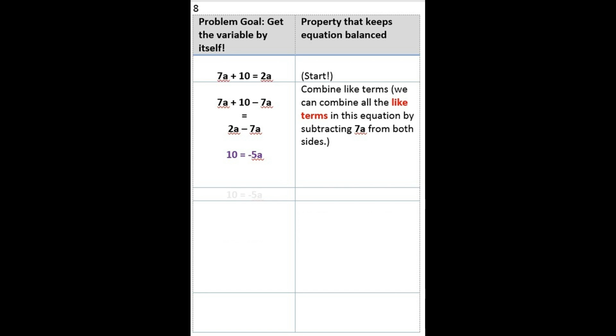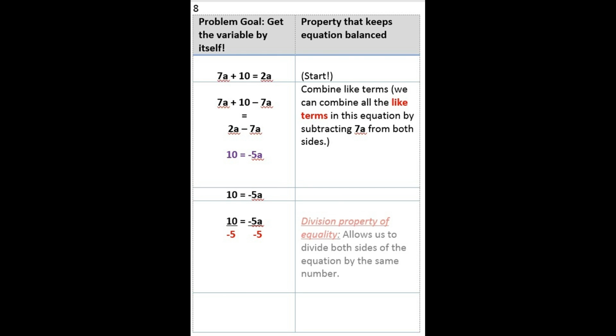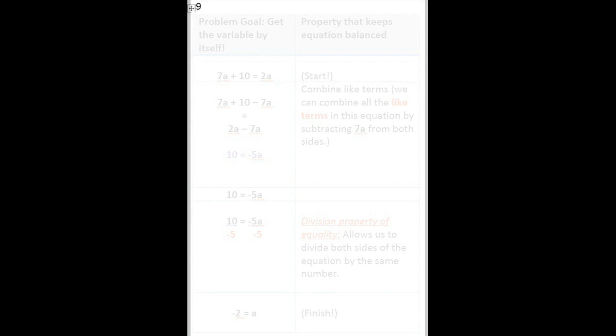So I'm just going to subtract 7a from both sides. And we have 7a plus 10 minus 7a equals 2a minus 7a. Then we have 10 equals negative 5 times a. Again, this is just a division step that we need to use to solve it. That's the division property of equality. And we're going to find out that negative 2 is a. All right, negative 2 is our variable. Going on to number 9.